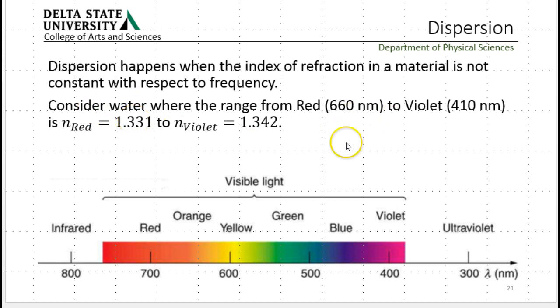Since n equals c over v, the speed of light in vacuum over the velocity in the material, the higher this number, the slower the velocity of the actual wave or the actual photon. So in water, violet photons move slower than red photons.